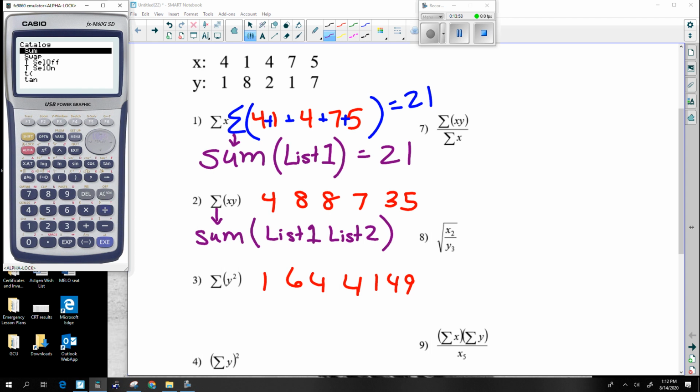I think your calculators, if that was the last thing that you hit, automatically jump to that. But for some reason, you open up your thing and it's somewhere random. You can go to the letter T and then go up and find the word sum. Okay, so I have the sum of, open parentheses, x, y.